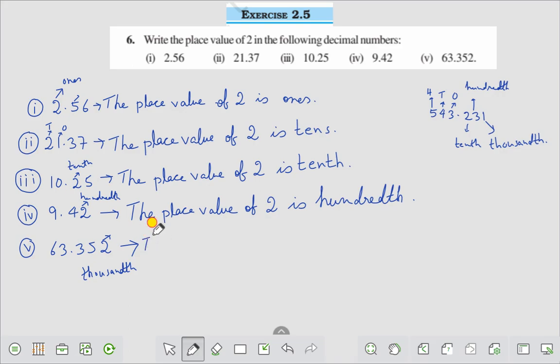Therefore, the place value of 2 is thousandth.